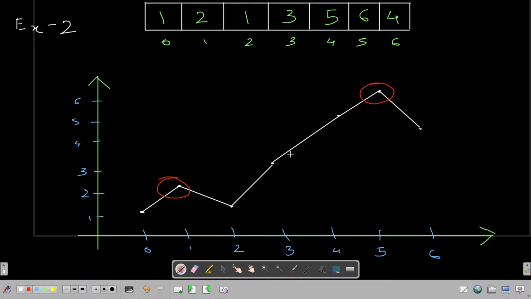He has clearly mentioned in the problem that you can return either of these two peaks. Both are fine, both are valid answers. So 1 is also an answer, and 5 is also an answer. You can return any one of them. Both are peaks.